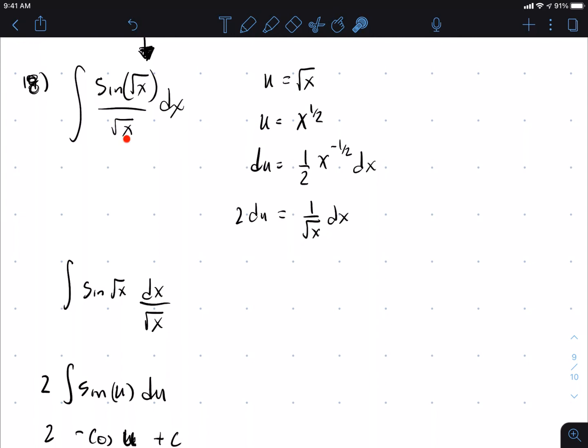But let's say you would have made this your u. Understand that this u down here is actually a negative power. So it would have messed everything up. Because then you'd be doing a bunch of funky stuff.